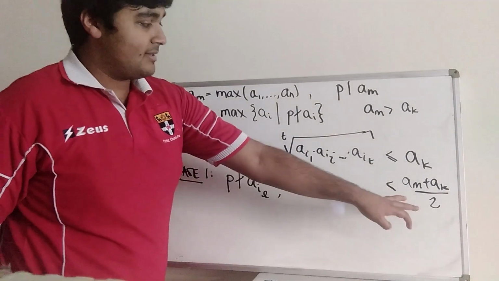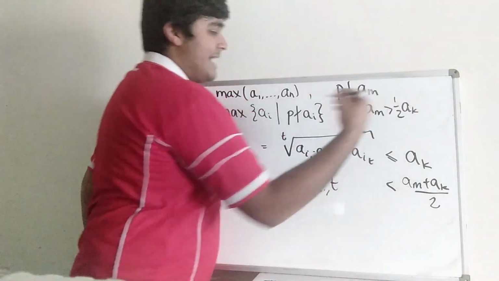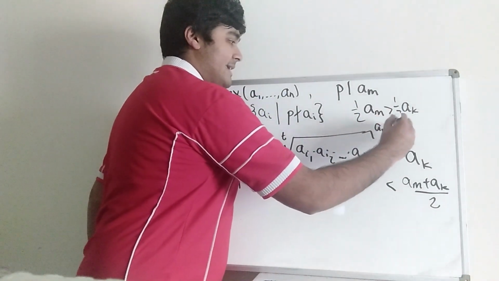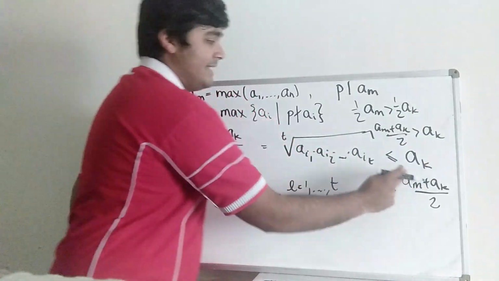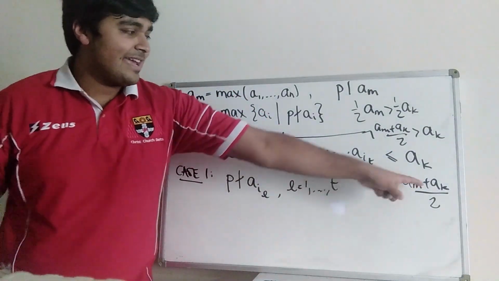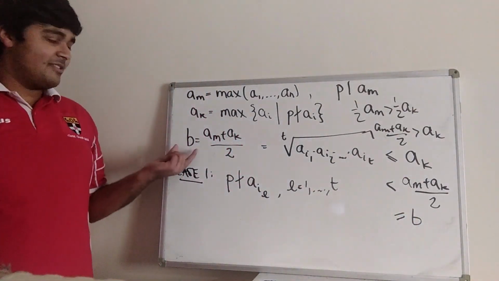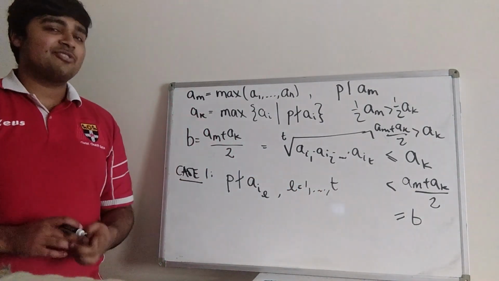Essentially what I've done here is I've halved this equation here and then added a half a_k to both sides. So that gives us (a_m + a_k) over 2 is bigger than, if I add half a_k to this, just gives me a_k, which is exactly what I have here. But (a_m + a_k) over 2 is simply equal to b. So we have that b is strictly less than b, which of course is a contradiction.